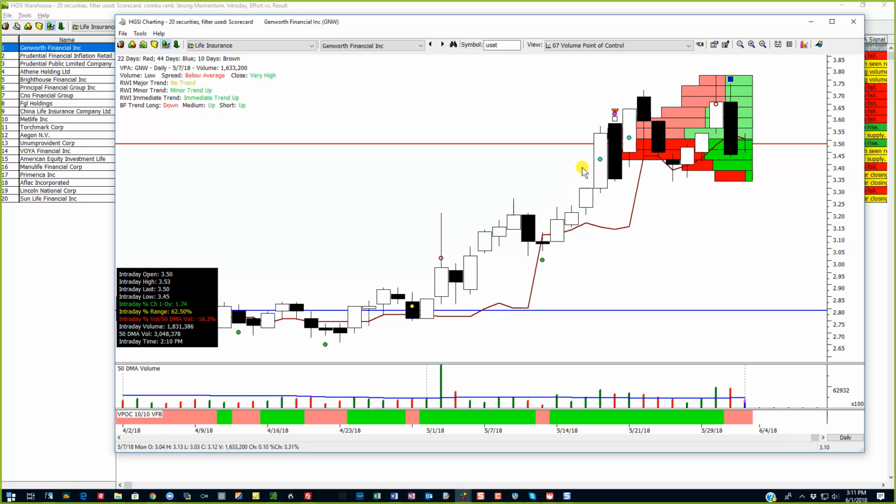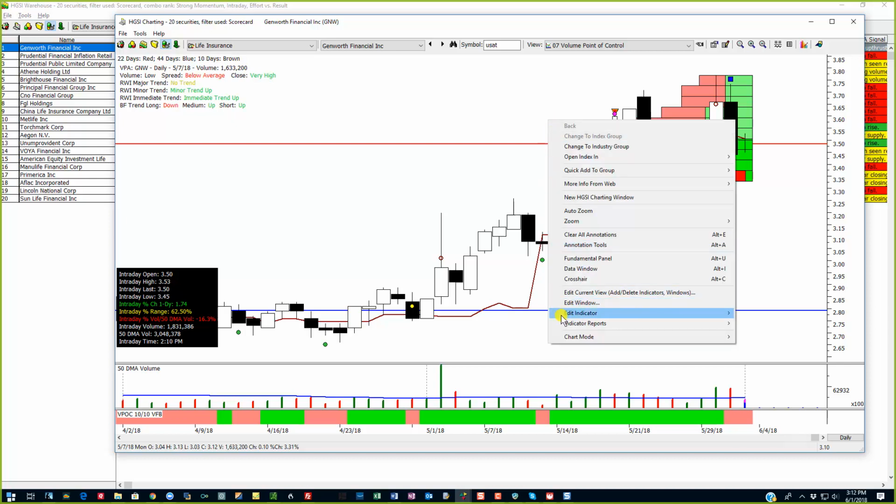What I had to do when I created the chart was overlay the price on top of this area here, or we wouldn't be able to see the price. But it comes out here, 10 days. Now in this instance, we're seeing probably equal amounts of red and green in this area. So there's really nothing definitive about the 10-day.